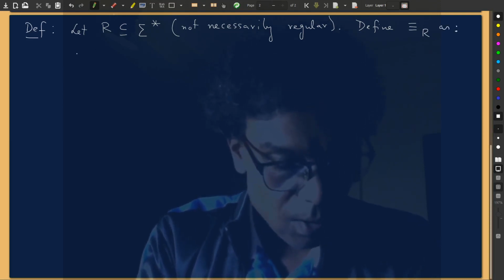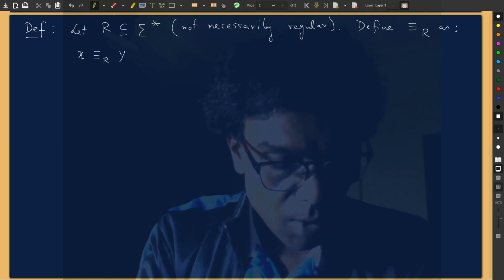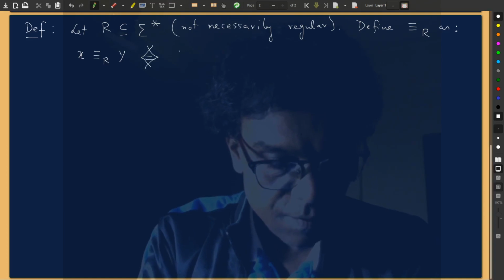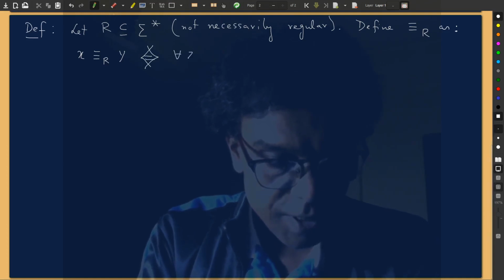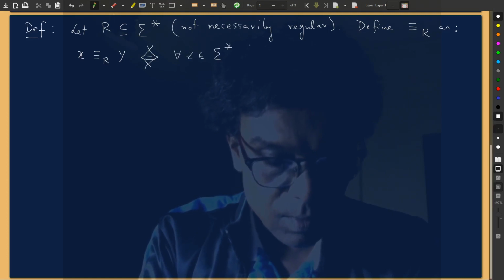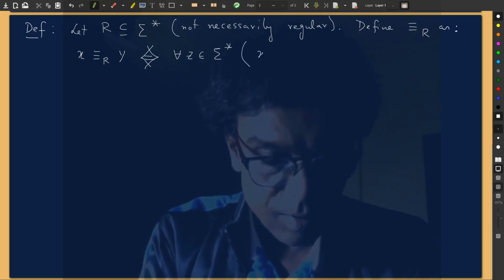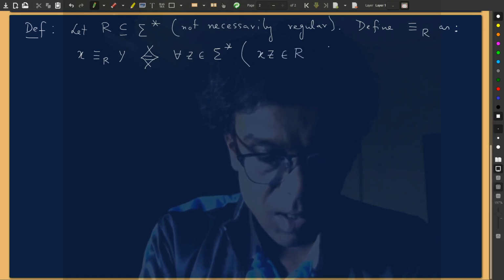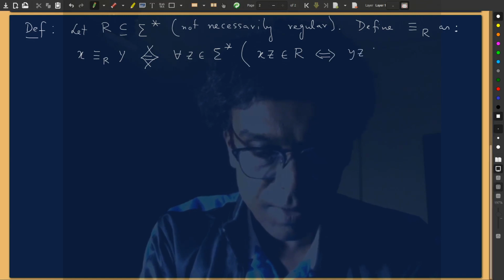We say that two strings X and Y are equivalent if and only if for all Z in sigma star, XZ is in R if and only if YZ is in R.